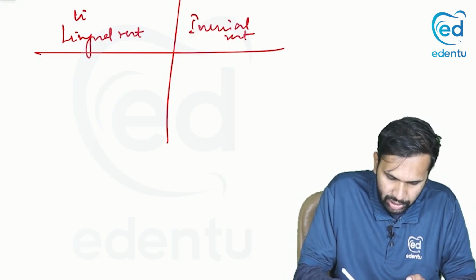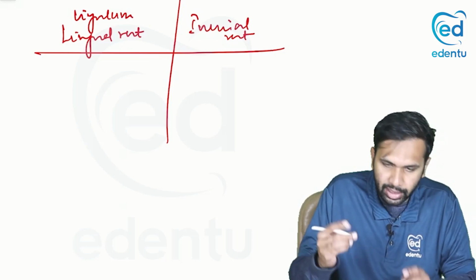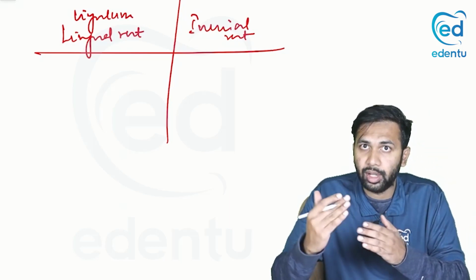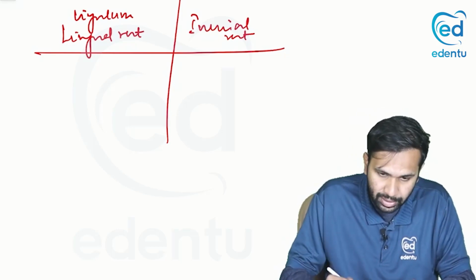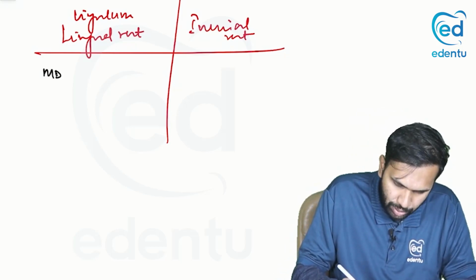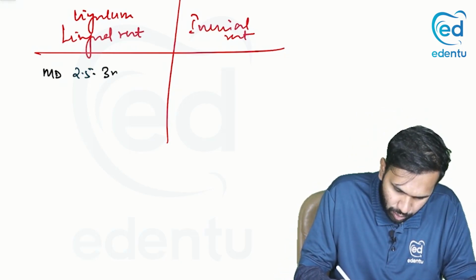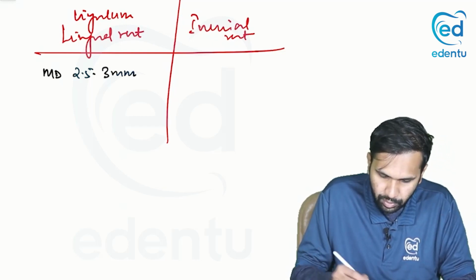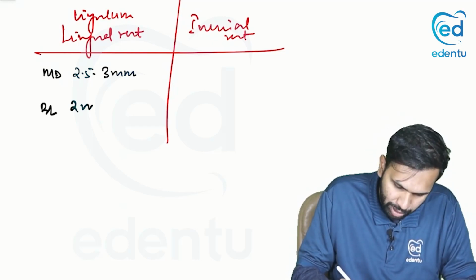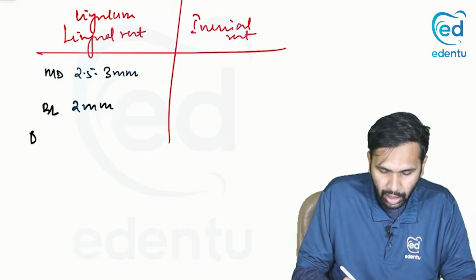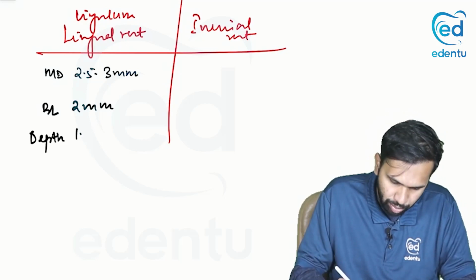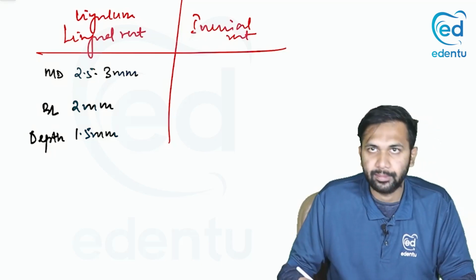For your cingulum rest, also called the lingual rest, and the incisal rest, the dimensions mesiodistally should be 2.5 to 3 millimeters. Buccolingually, it should be 2 millimeters. And the depth of your cingulum rest should be 1.5 millimeters.